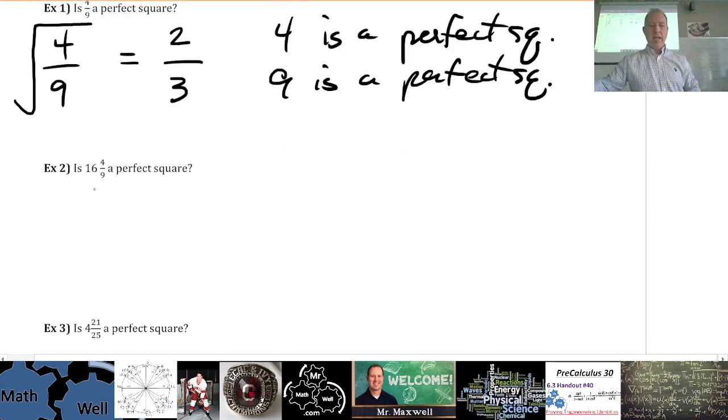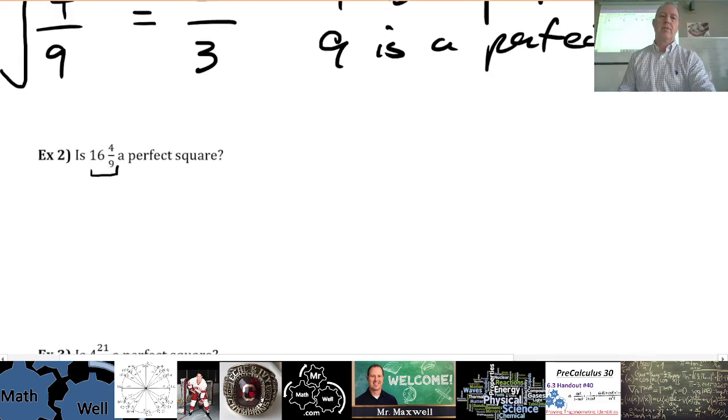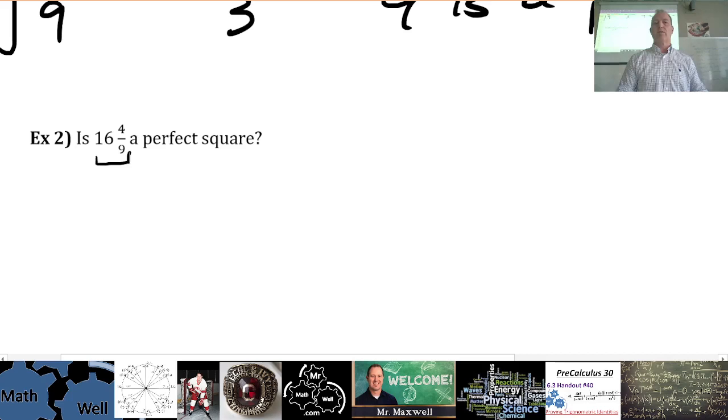Is 16 and 4 ninths a perfect square? 16 and 4 ninths. Now, what we want to do is change this mixed fraction into an improper fraction. Okay, because there really is no top and bottom because we have this number on the side right now. So don't be fooled by this. What we'll have to do is go 16 times 9 plus 4 over 9.